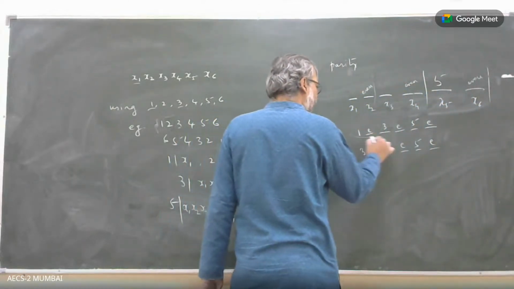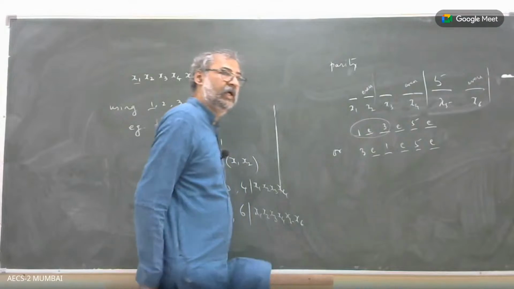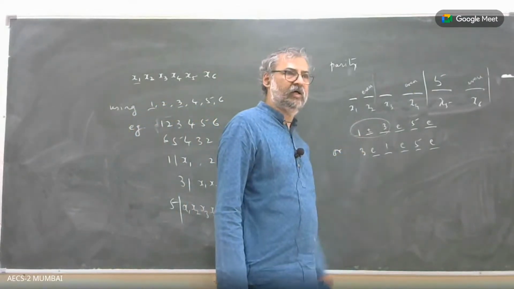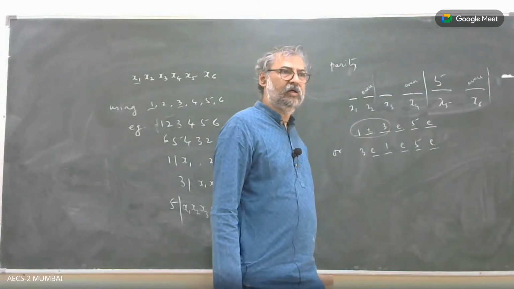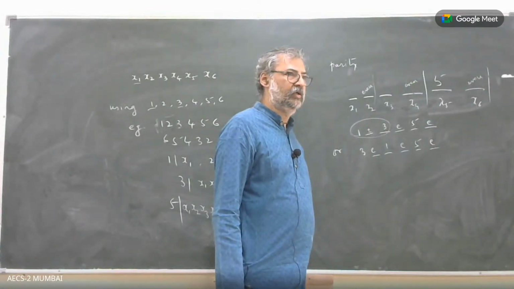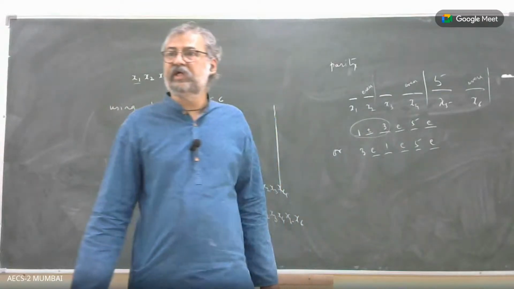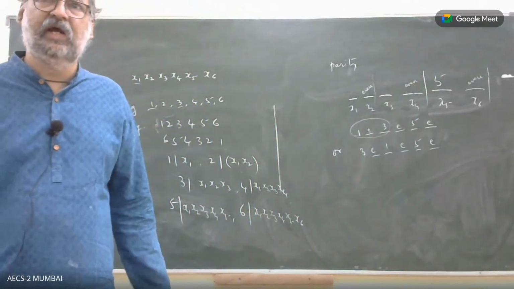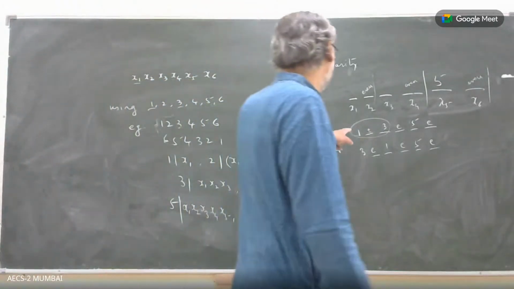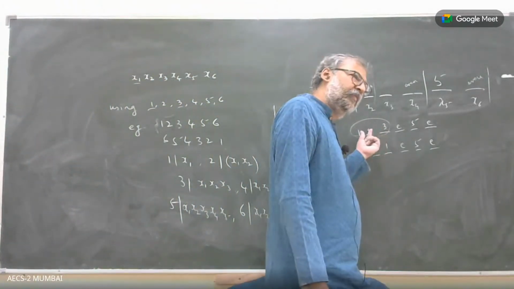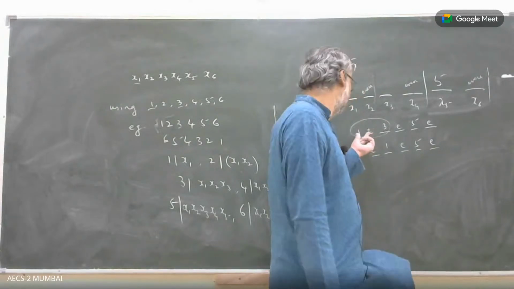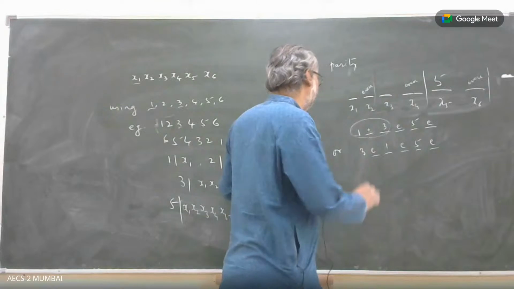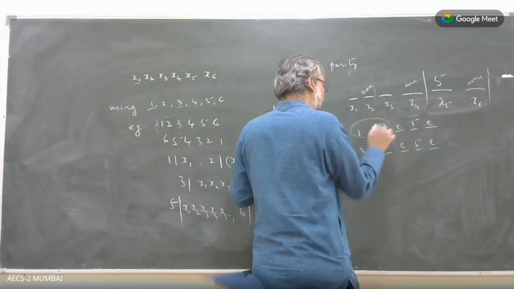Now, this whole number should be divisible by 3. So what can I say about the digits here? What is the test of divisibility? The sum of digits should be divisible by 3. So this sum is 1 plus 3, which is 4, plus the even number. It should be a multiple of 3. So for example, I can put 2 here.